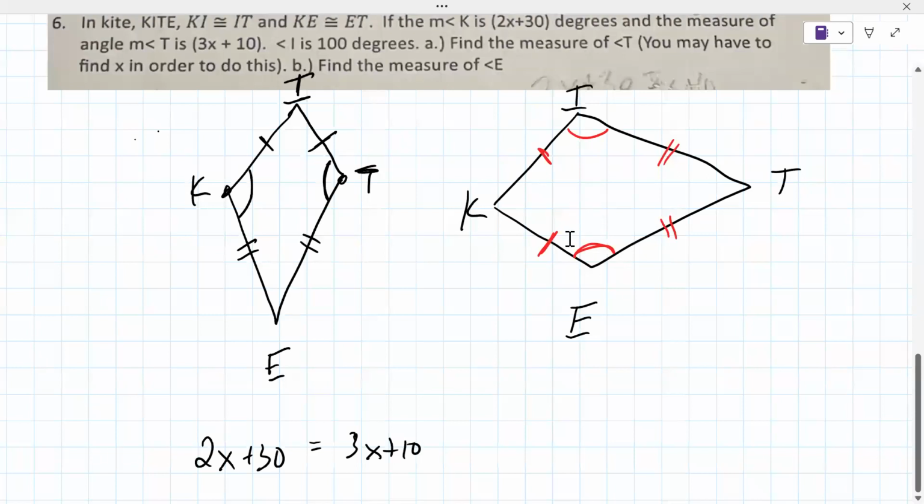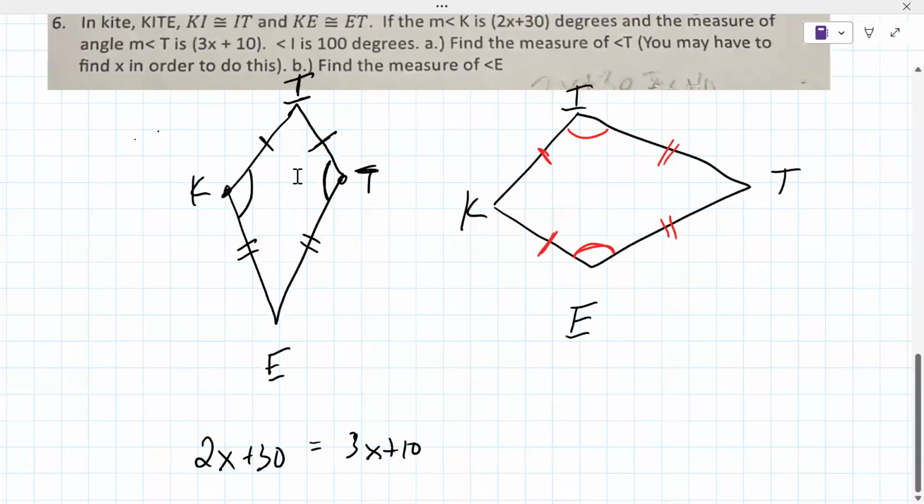Your drawing has I between the congruent sides, but K is between the non-congruent sides. Does it add up to 360, and do you have to include that when you're solving for X? It does add up to 360, but that's used to find E. To find K and T, it's the fact that they're congruent.